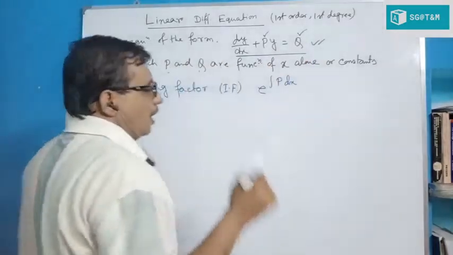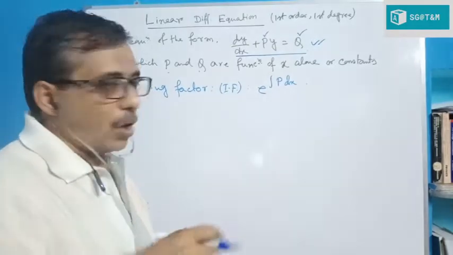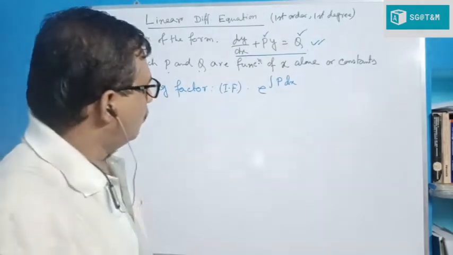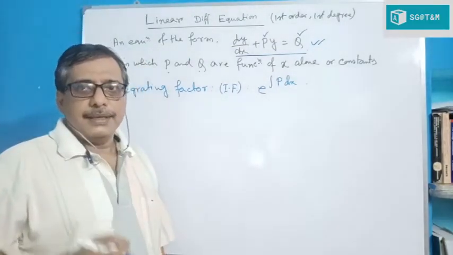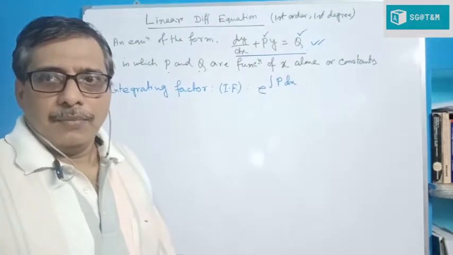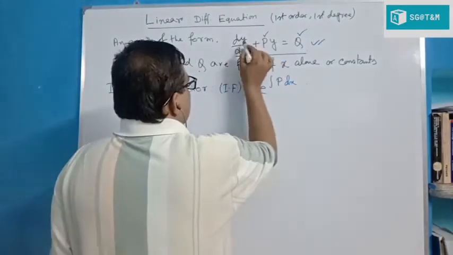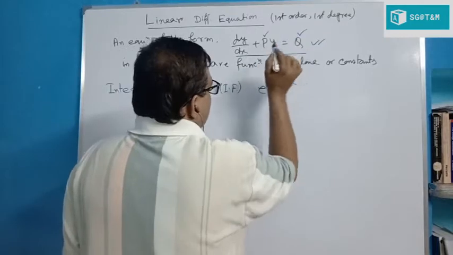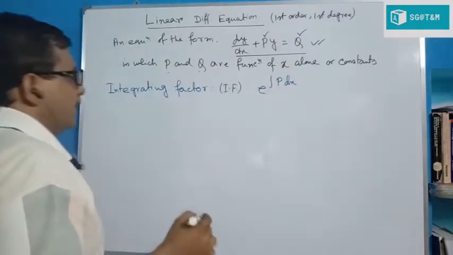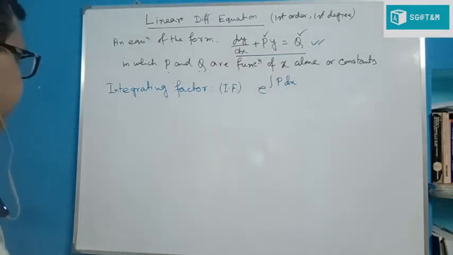P and Q are functions of x only, or constants. If y or dy/dx is present in P and Q, then it is not a linear equation. For a linear equation dy/dx + Py = Q, P and Q are functions of x only or constants.